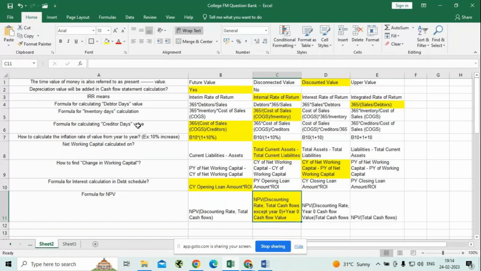Can anyone try? Depreciation value in one of the statements is going to get reduced. So which is that statement?